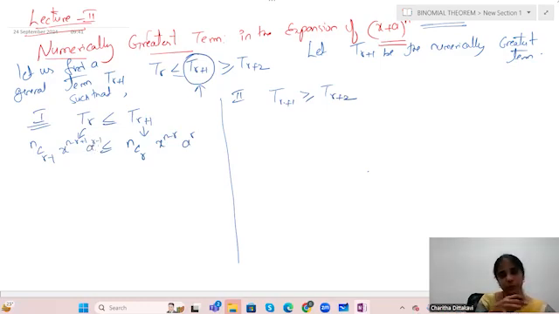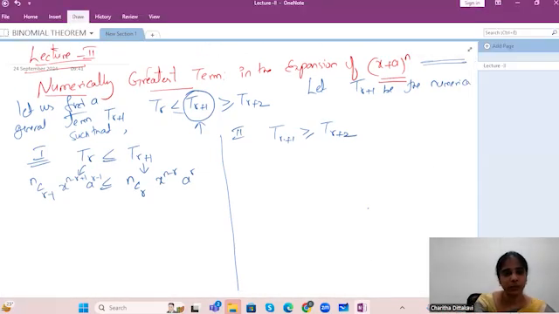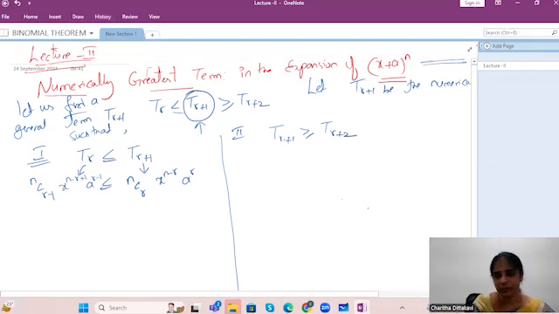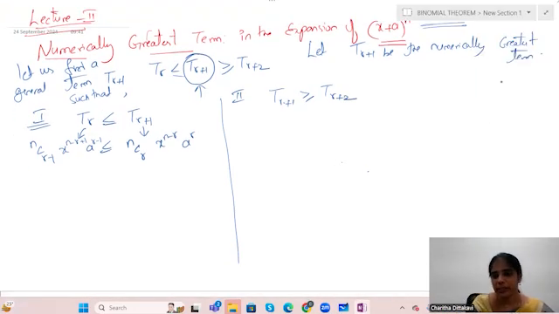So I am trying to bring some terms to one side. Observe, I am bringing the numerical coefficients to one side. I hope everyone is aware of a small rule, and I am giving it here. Whenever we have nC5 by nC4, observe clearly, one simple logic behind this is nothing but (n minus 4) by 5.